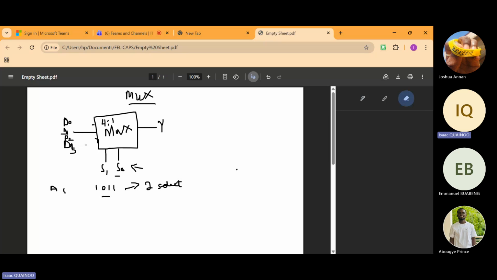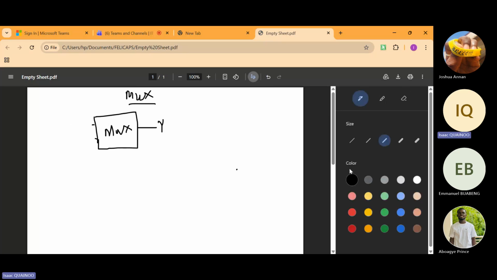So a 2:1 mux. Let's look at a truth table for a 2:1 mux. Once you are able to get this technique, you should be able to get your input for every type of multiplexer.